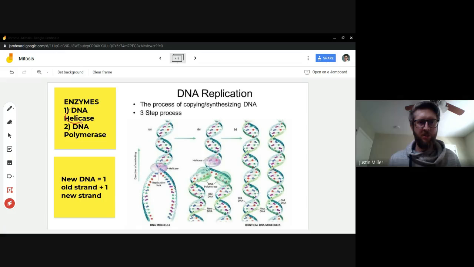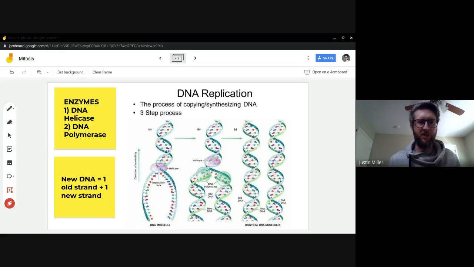There are 2 enzymes, but we're going to talk about helicase first. DNA helicase is this little purple bubble that you see here. Its job is to act like the unzipper, the little handle on your zipper that you grab whenever you unzip your jacket or your pants. That is what helicase is. It's the unzipper, and as you can see, it's separating the 2 DNA strands away from each other.